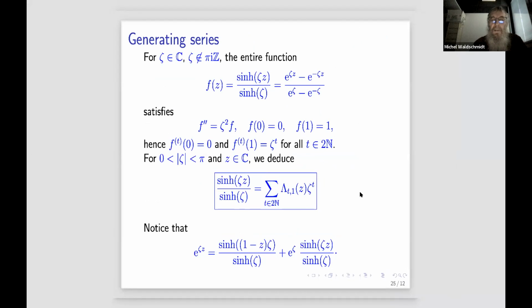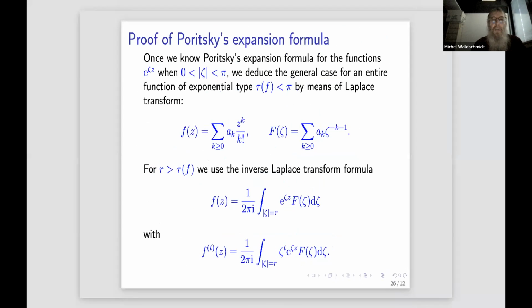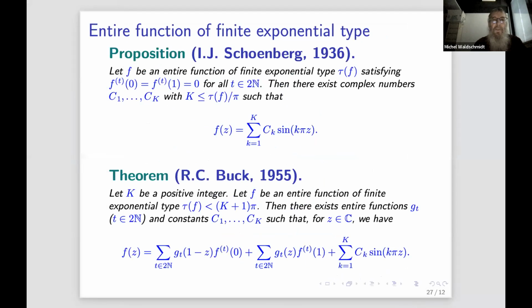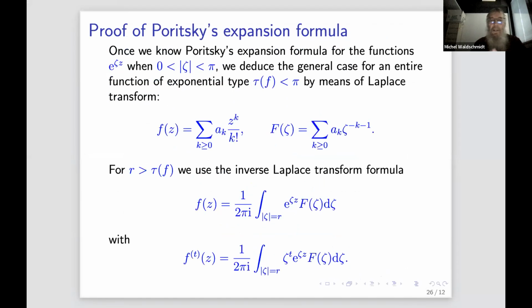Using the result of Poritsky, one deduces the generating series of the Lidstone polynomials. And in fact, we can prove this generating series directly. And this is the way to prove Poritsky's expansion formula, using the inverse Laplace transform.